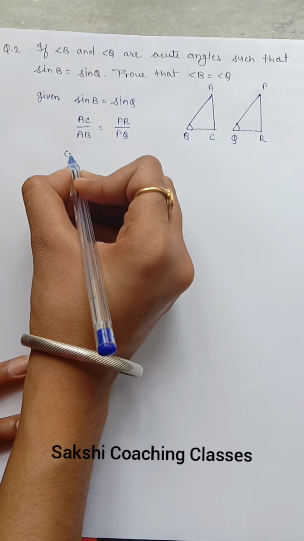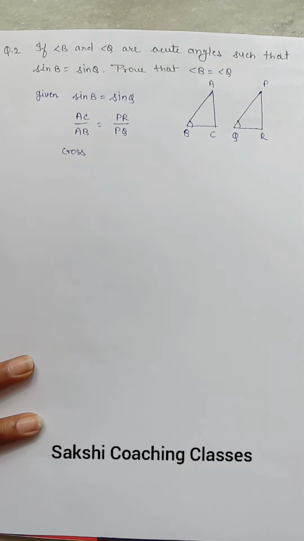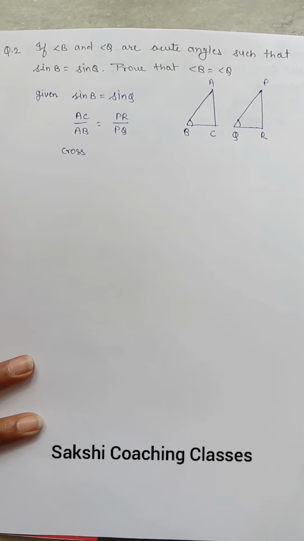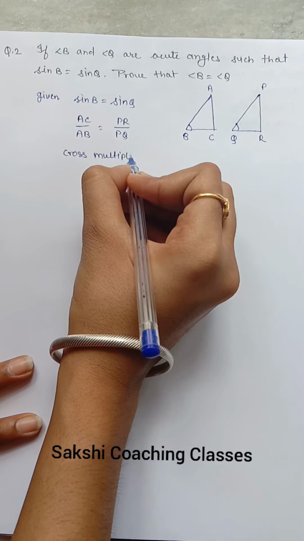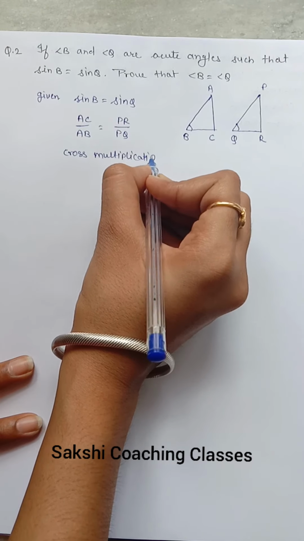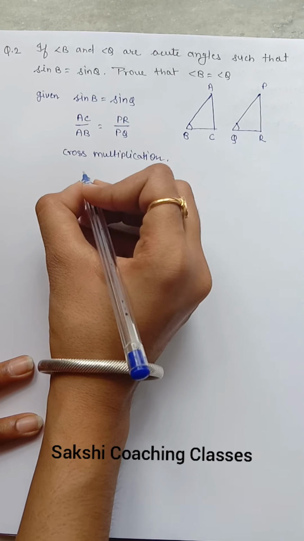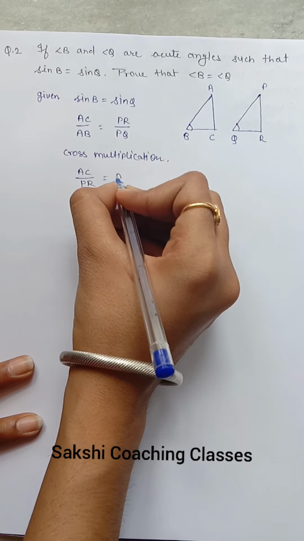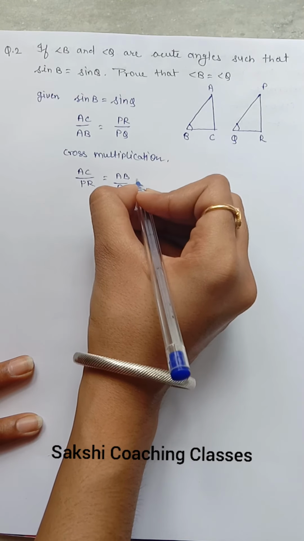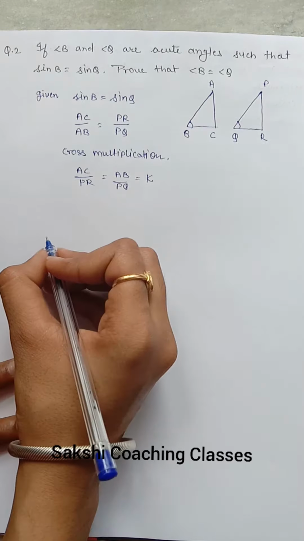Now we will do cross multiplication. AC upon PR is equal to AB upon PQ. Put it equal to K.